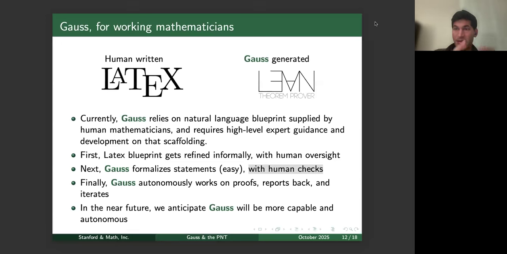The nature of the interaction is that both the informal and the formal artifacts get revised along the way. Since then, we're also working on projects in other areas, in beta testing, where Gauss is working more autonomously, closer to a human level of abstraction, where less revision and decomposition is necessary.